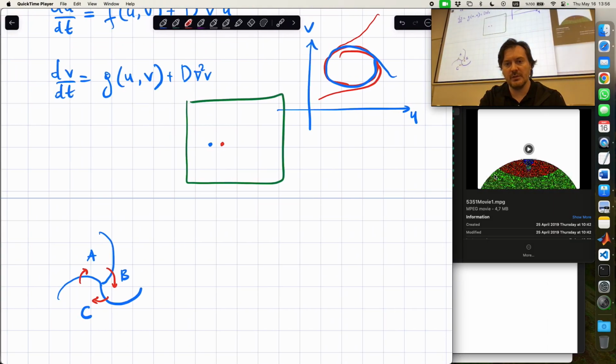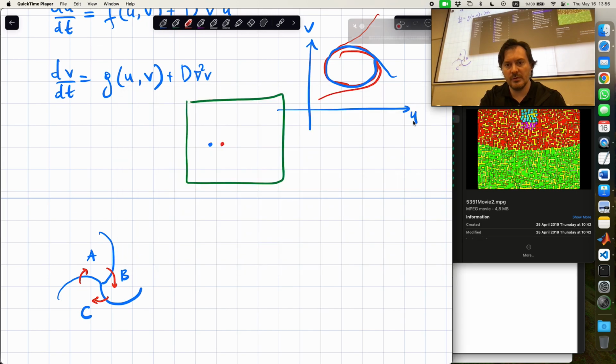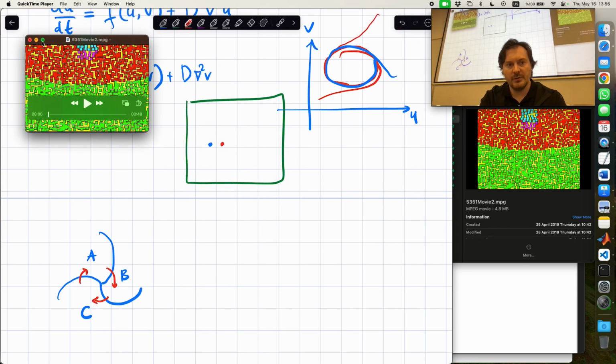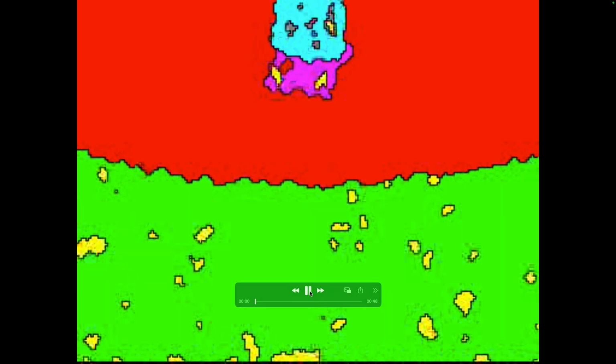Okay, this is one of the videos. Let me show you another one, which hopefully shows the spirals as well. Do you see this spiral going throughout the thing and helping them organize? Do you see? Very nice.